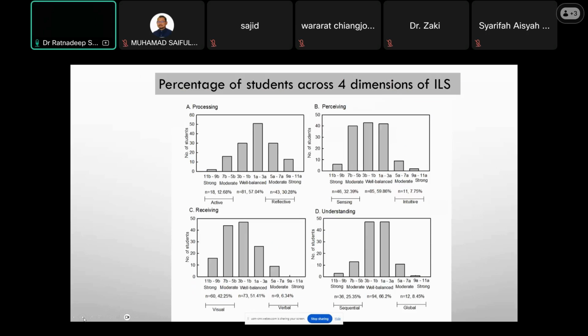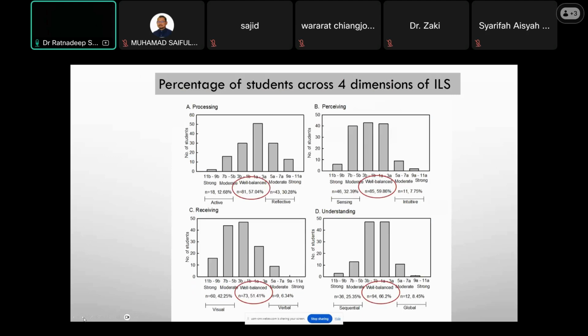This figure suggests that learners are well balanced, with the sequential-global domain at around 66.2% first, followed by sensing-intuitive around 60%, 59 point something, followed by active-reflective 57% and visual-verbal 51.41%.